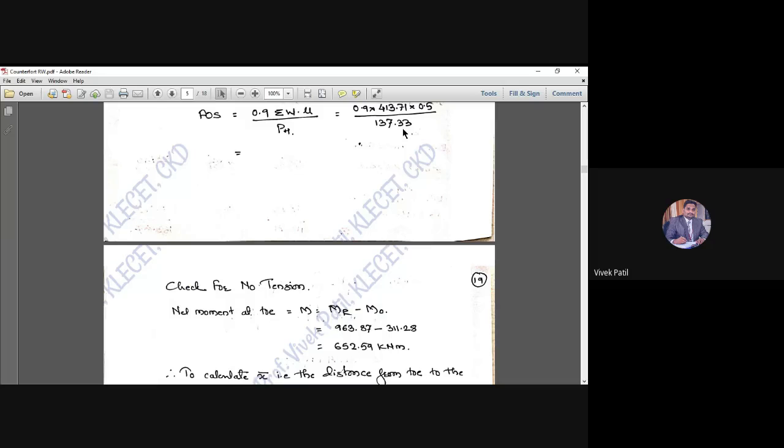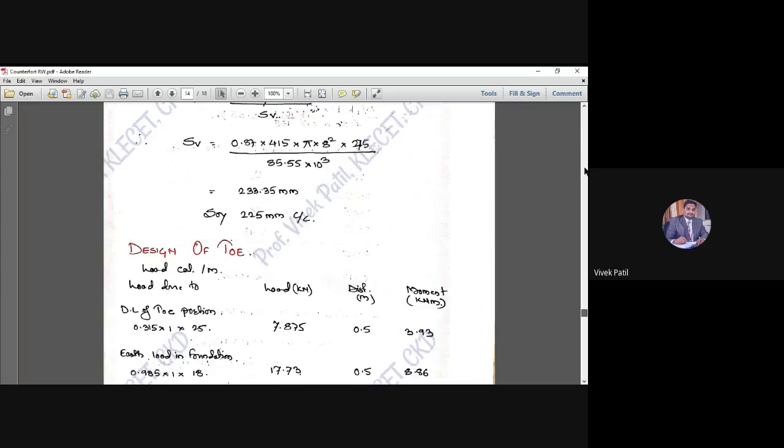From this we have to subtract the horizontal pressure at the face, that we have calculated here, 100.06. A has to be calculated. If the factor of safety is 1.4, the only unknown is A. Just calculate the value of A.